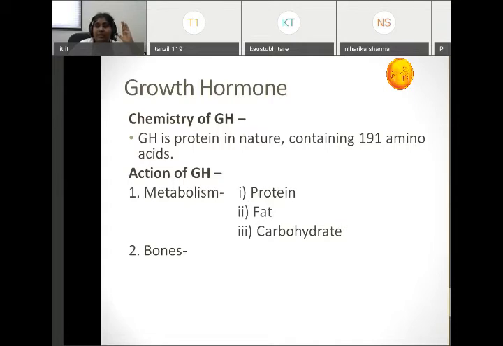When the epiphysis fuses with the shaft, the person achieves puberty and the growth hormone secretion decreases thereafter. From childhood, the growth hormone secretion increases.